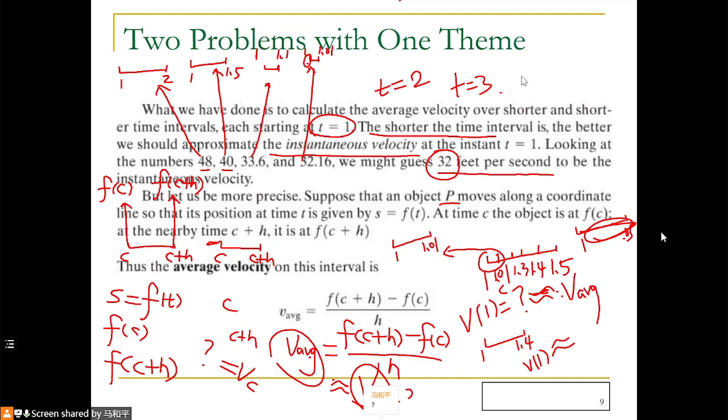Students online, are you listening to me? It just approximates the velocity at c, but it's not equal. How do we get it to be equal?